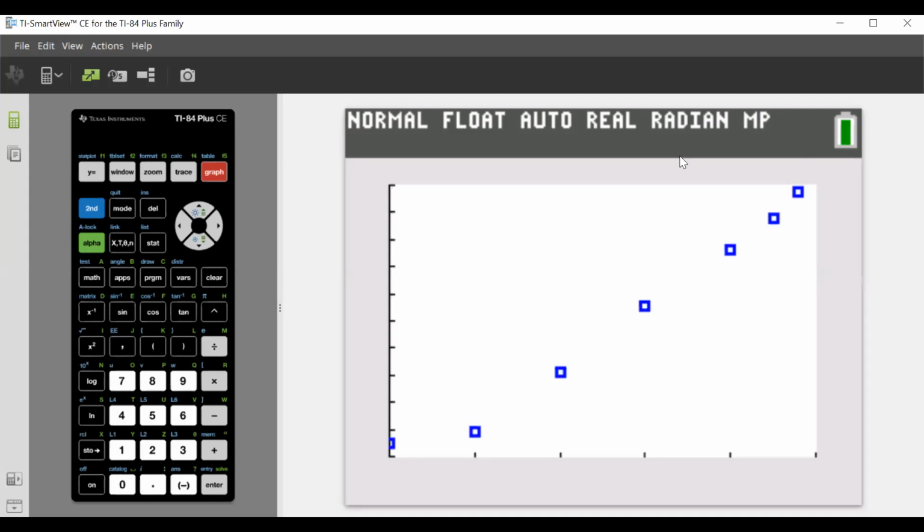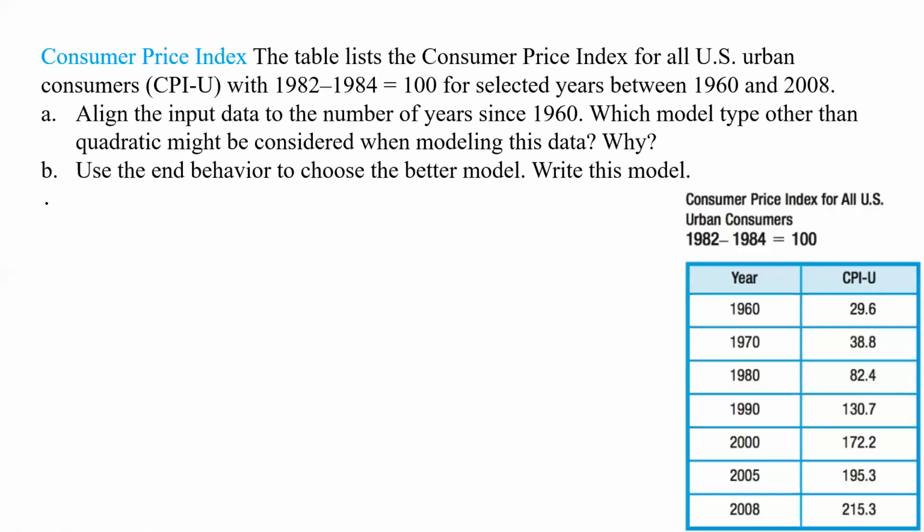Now, what else are we supposed to do? So let's go back here. And I would say for A, I think exponential, and it fits an upward curve.